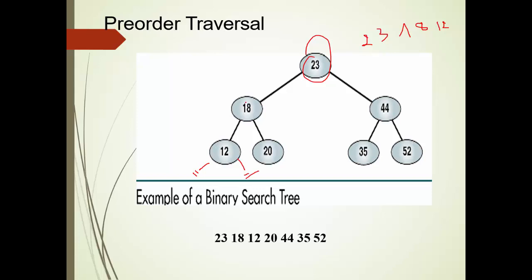No. Then we go to the right of 18, which is 20. Does this have another one? No. Then we go to the right, which is 44. Then we see its left, 35. Then its right, 50, 52.